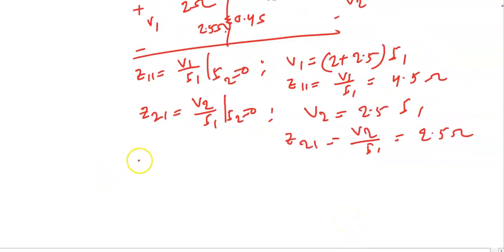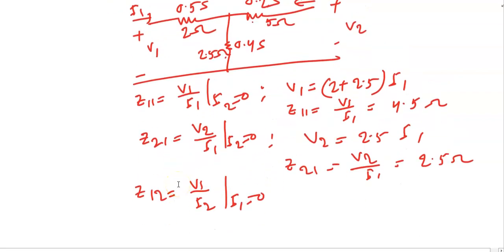Now come to G12, which is V1 upon I2 when I1 equals 0. Just want to show you, when I1 equals 0, there will be no current flowing through the 2 ohm resistor, because this side is an open circuit.